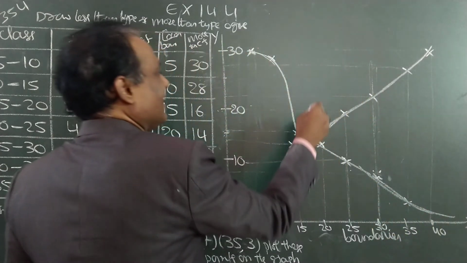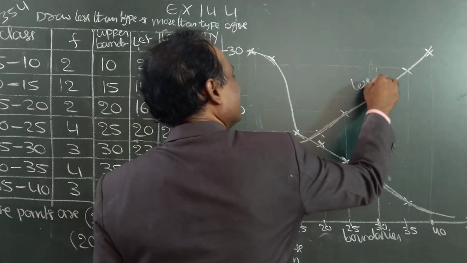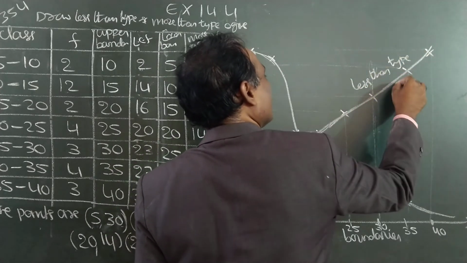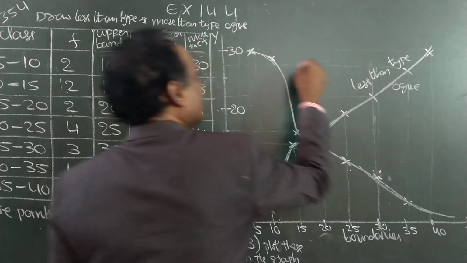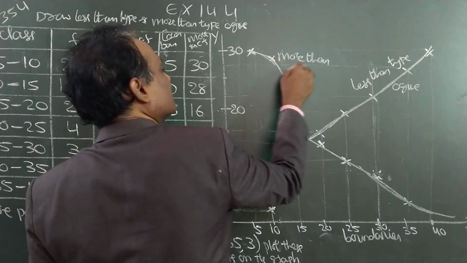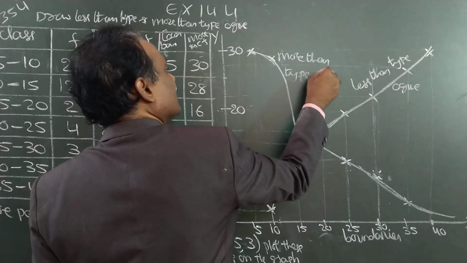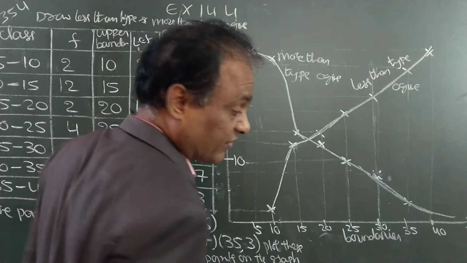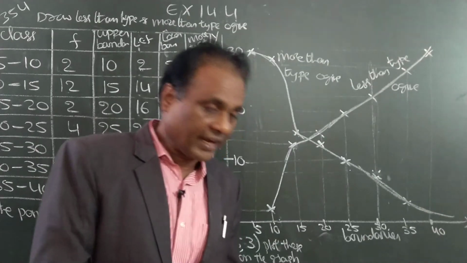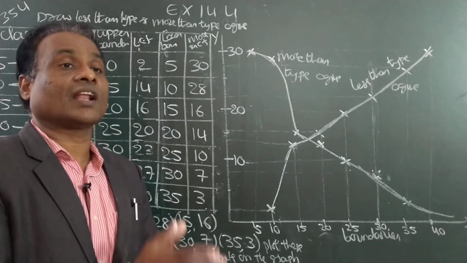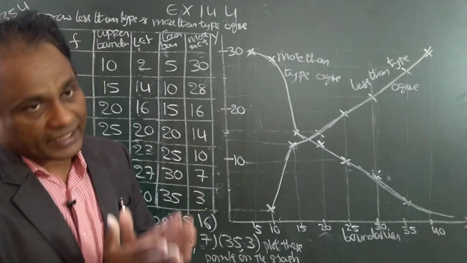This is the less than type. Both I have drawn in the same diagram, less than type ogive and more than type ogive. So the exercise had 3 problems and one more problem; 4 problems I explained for less than type ogive and greater than type ogive.